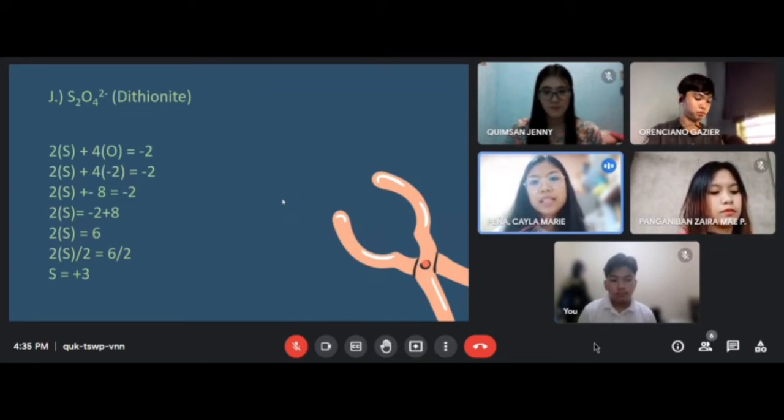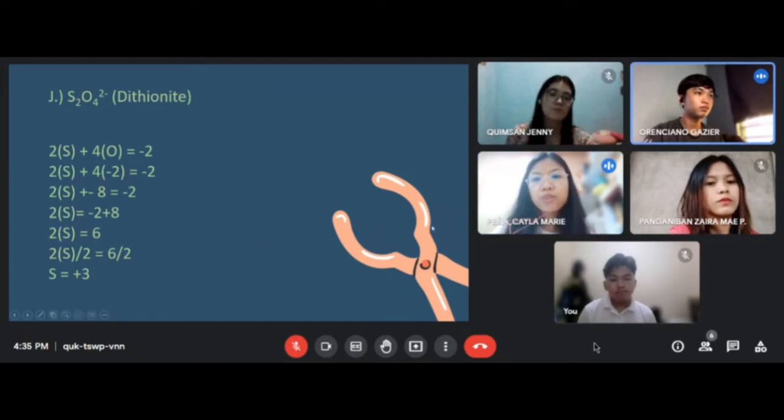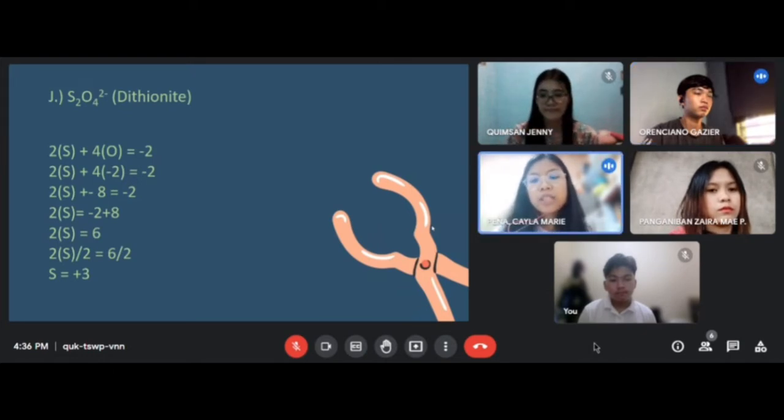Then 2 times S plus -8 is equal to -2. Then transpose lang natin yung -8. So meron tayong 2 times S equals -2 plus 8. Then 2 times S is equal to +6. Then divide both sides by 2, which results in S equals +2.